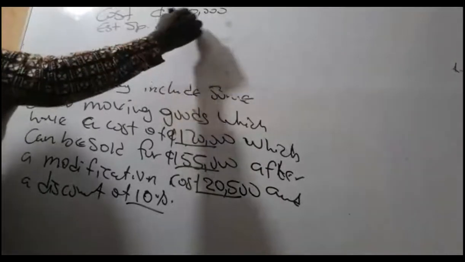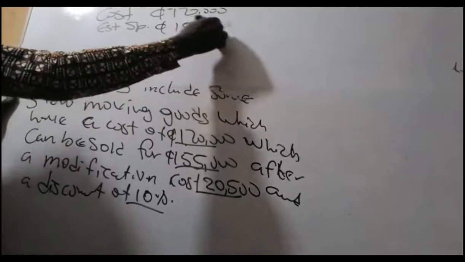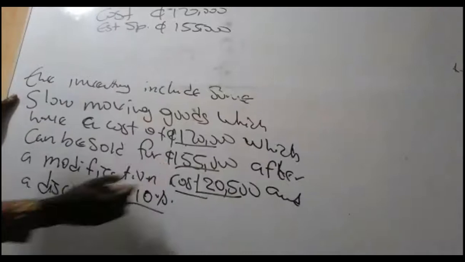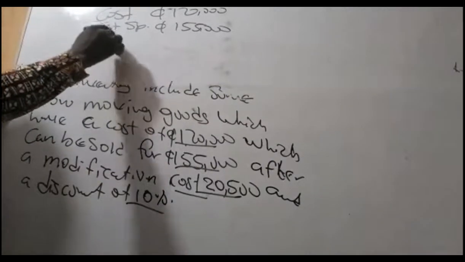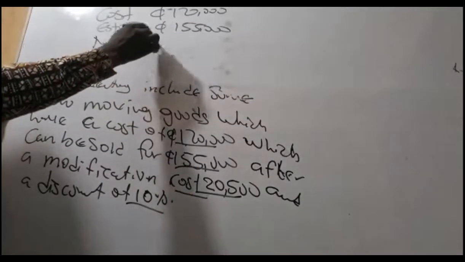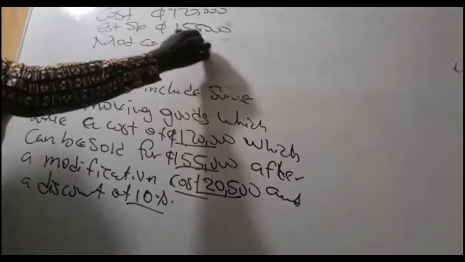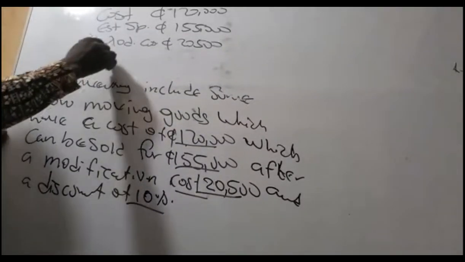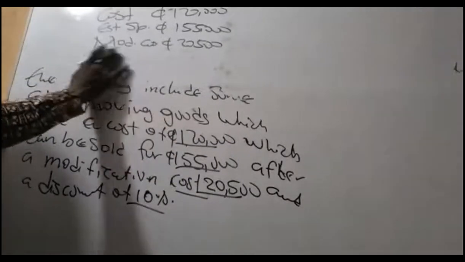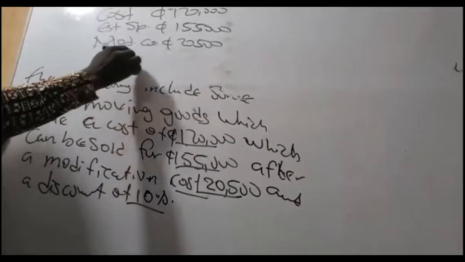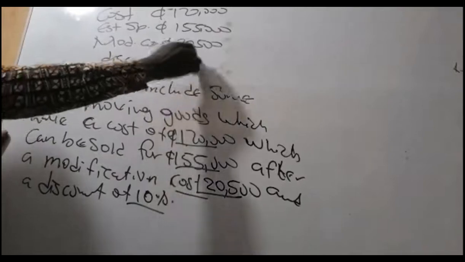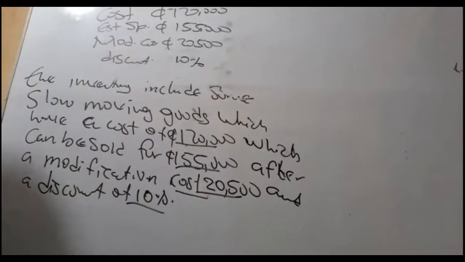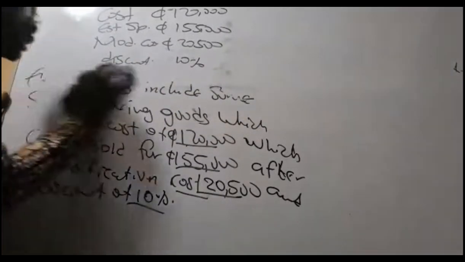So the selling price was 155,000. Then there's what? Modification cost. So modification cost is what? 20,500. Then discount is 10%. That's all. The rest you can just leave out of the question.